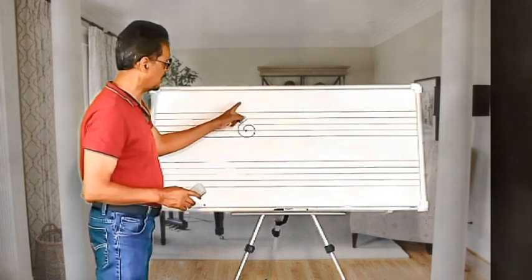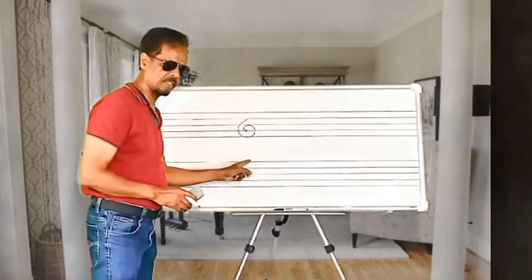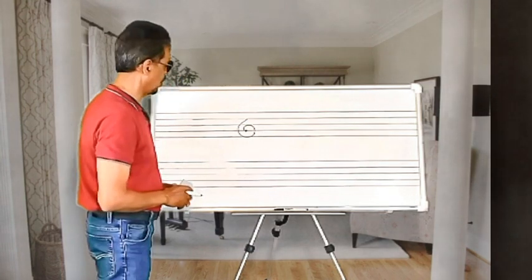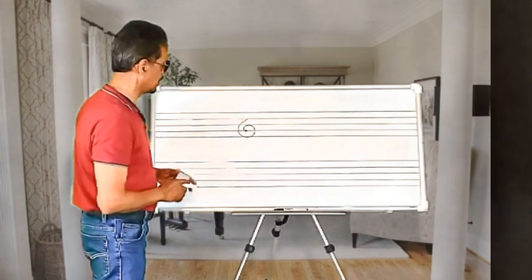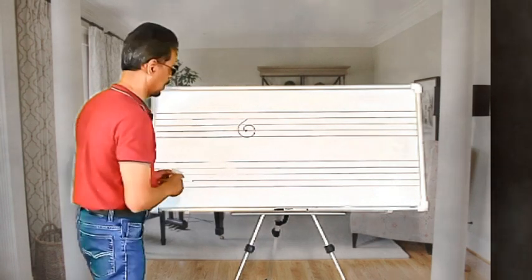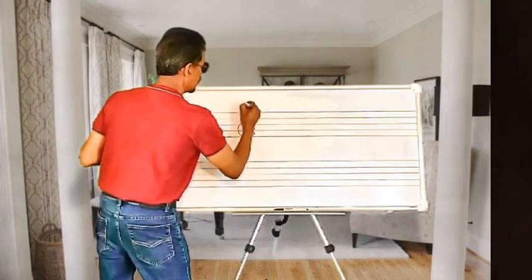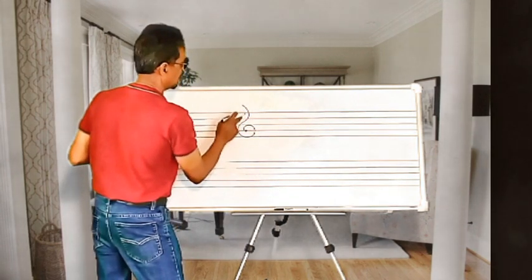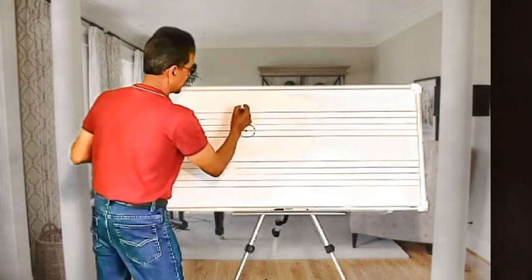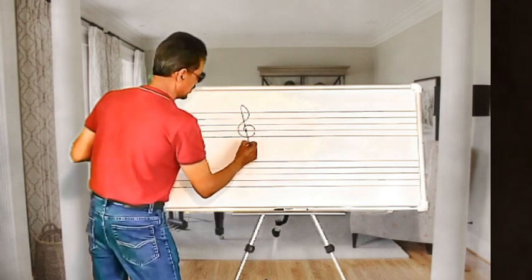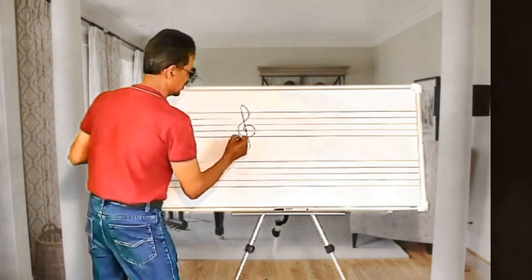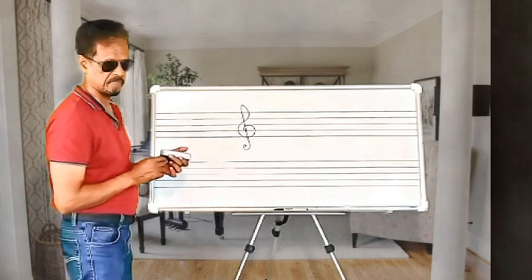Just think there is an imaginary line crossing this sign. When it comes to the 4th line, now it curves the other way. It curves anti-clockwise, it goes up until it goes the same distance of a space. Now it comes down like this, it cuts it and it comes like this.